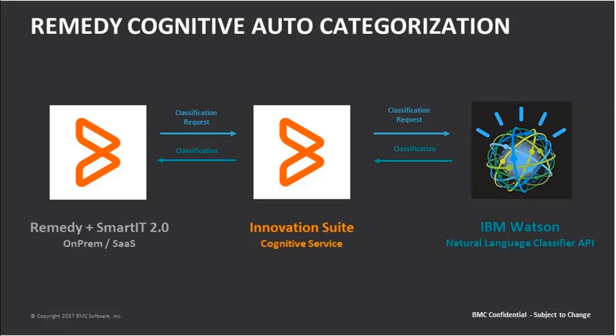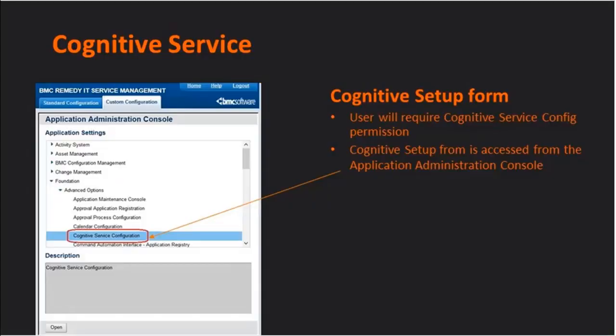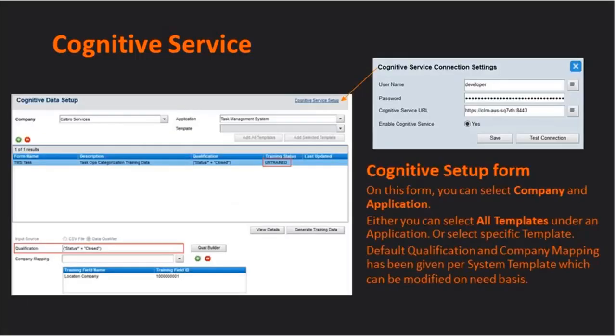So to get all this set up, you'd think that it would take quite a bit of work, but in reality, it's not nearly as painful as you might think. We've established inside the configuration admin console a configuration service management configuration form in the app admin, and all that you need to do as part of the setup is, in the cognitive service connection settings, enter a username, password, a URL, and then whether or not you want to enable it.